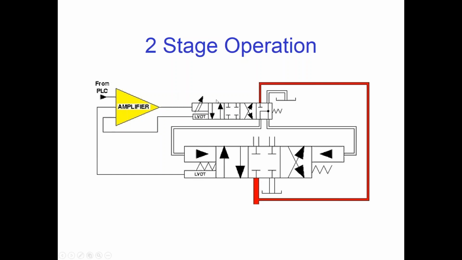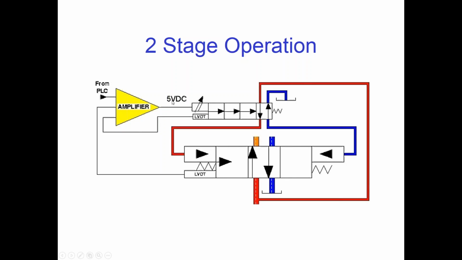And if we apply a positive voltage to the pilot valve, say a positive 5 volts, then that's going to move the valve spool halfway into its A position. And it will take pilot pressure and apply it over here to the main spool, and it starts shifting the valve toward its A position.